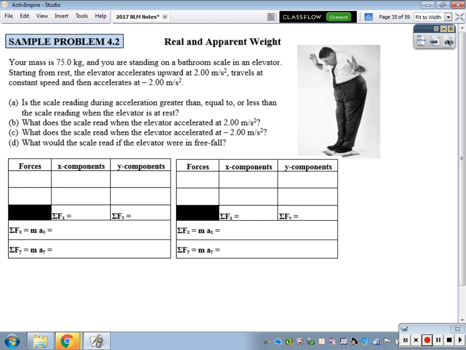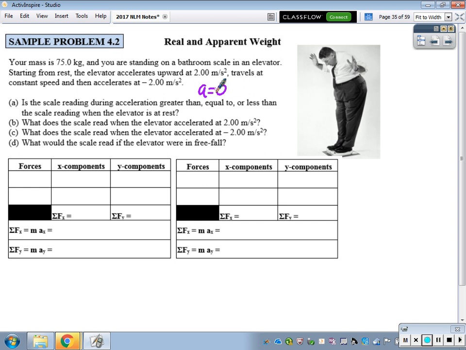the scale reading is going to be equal to your actual weight when your acceleration is 0. Anytime the acceleration of the elevator is 0, your apparent weight is going to read exactly the same as your actual weight.